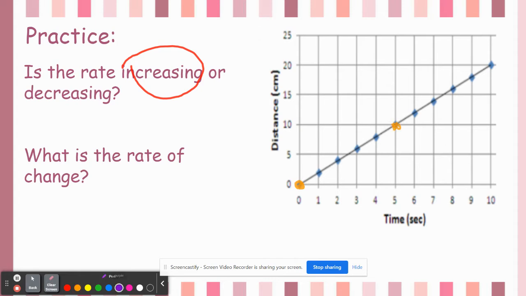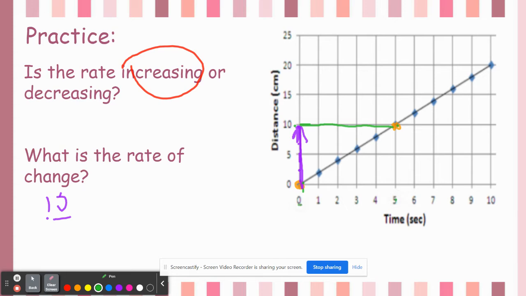So remember, step 1 is you rise. So we're going from 0, and what number did we stop at? So rise, we went up 10. Even though it's 2 boxes, we actually rose 10 and we went up, so that's positive. Okay, and then we're going to go ahead and now run because you're going from point to point. So we're going to run from 0, and then what number did we end at?